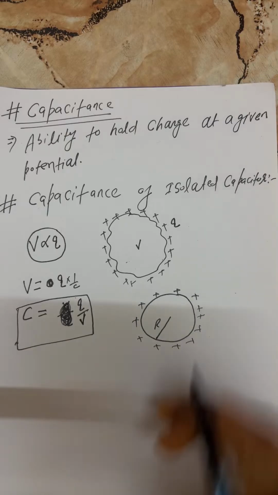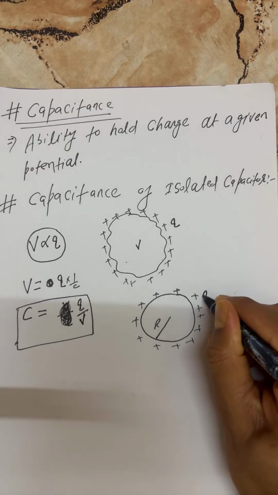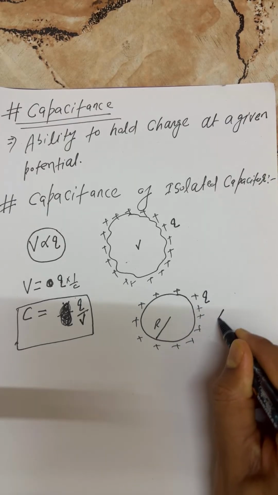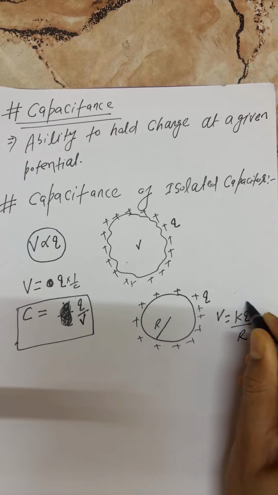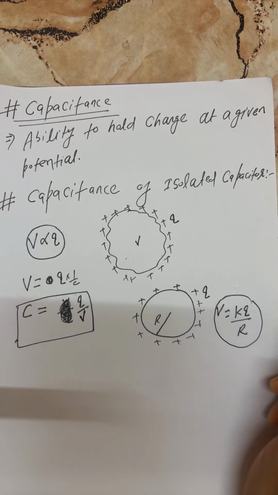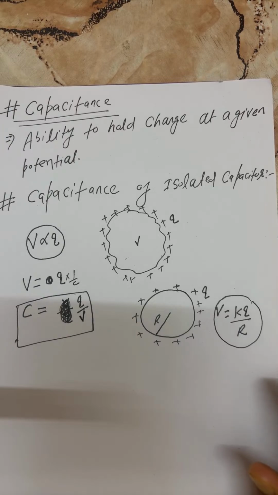If the charge is q, what is the potential on the surface of the conductor? Simply, sir, this is kq by r. Correct, my dear. V equals kq by r.